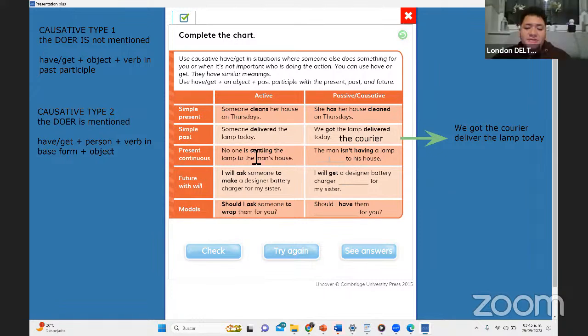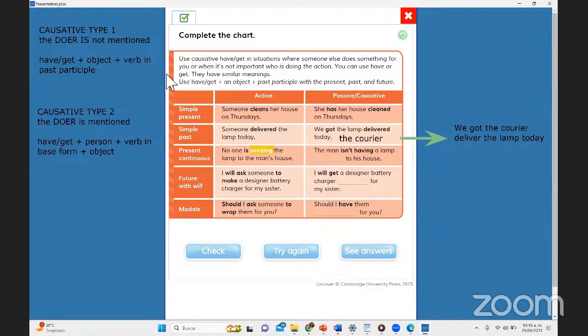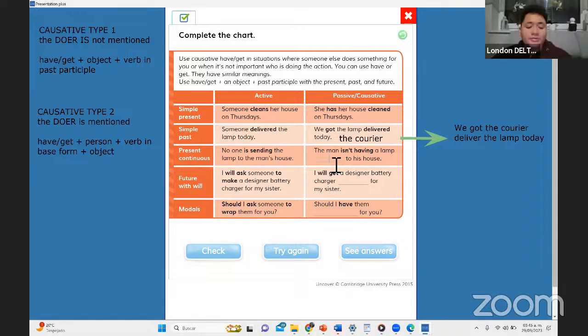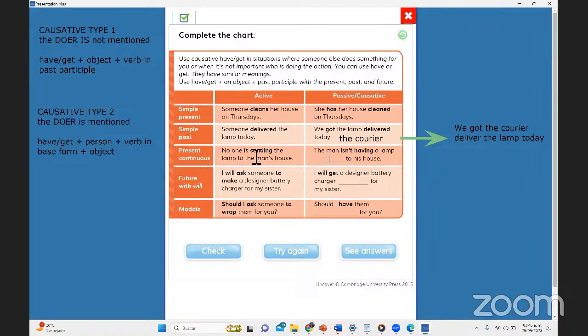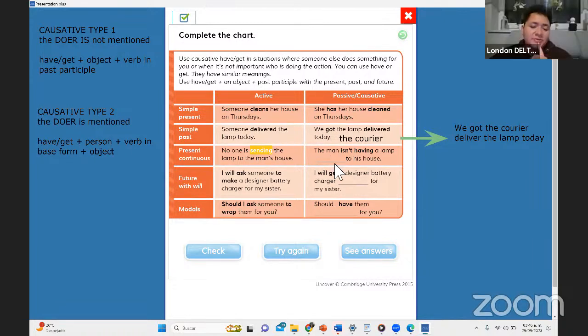Okay, and the verb is sending. Is causative type 1. Sorry, type 1. What is the verb? Sending. Okay, in past participle.